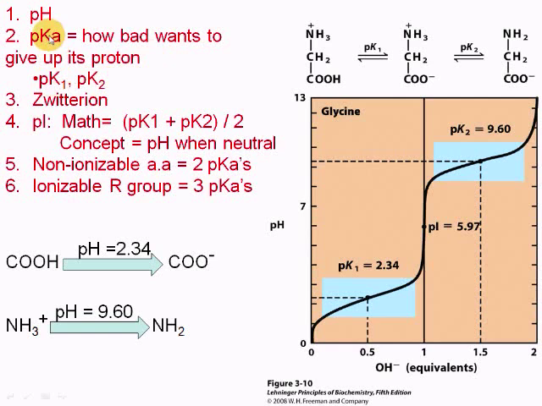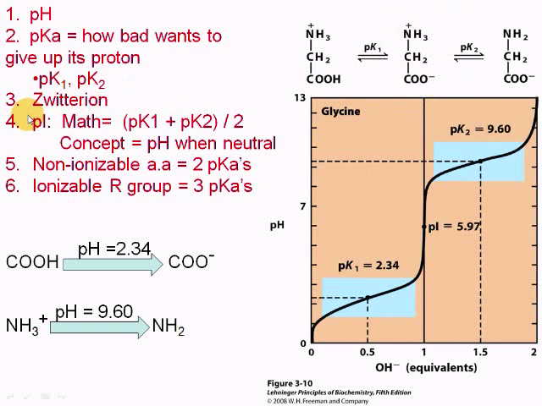And then you'll notice there's a couple different types of pKa's. There's pK1 and there's pK2. pK1 is for your carboxyl hydrogen. pK2 is for your amine hydrogen. Okay, then we have the zwitterion, and that's shown right here.